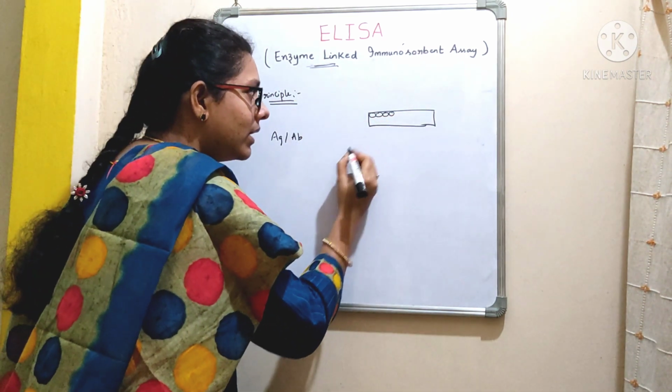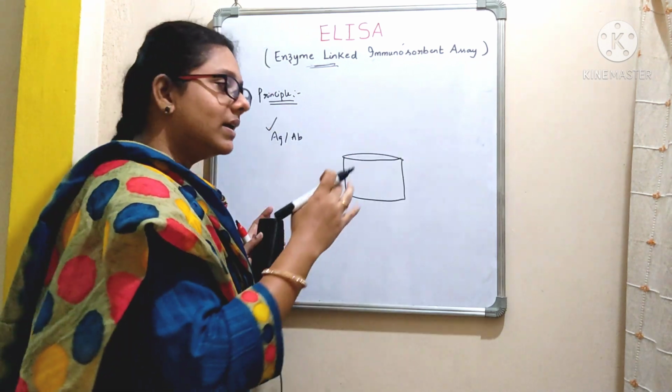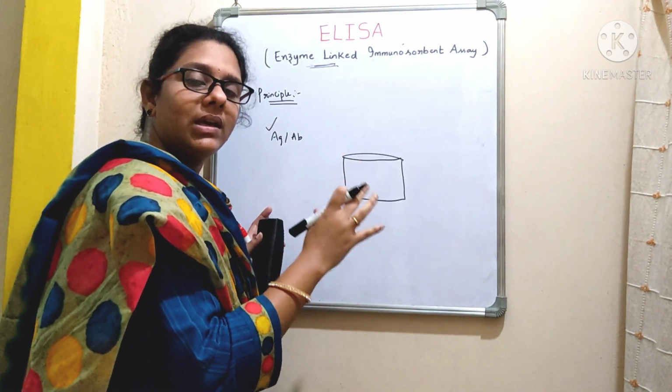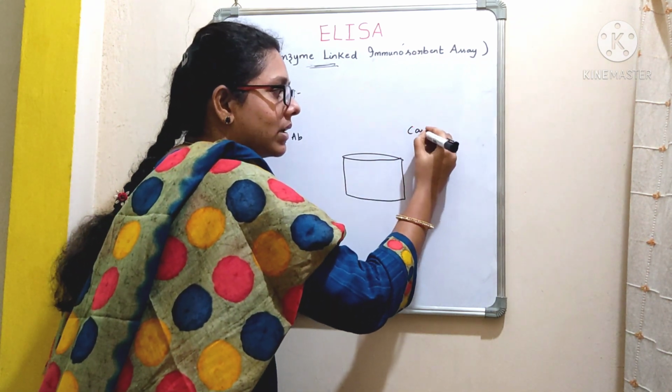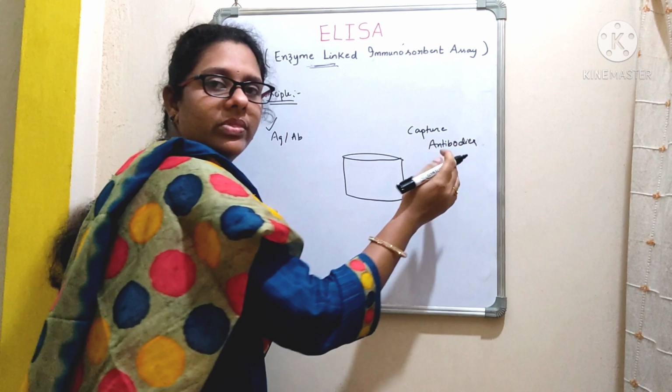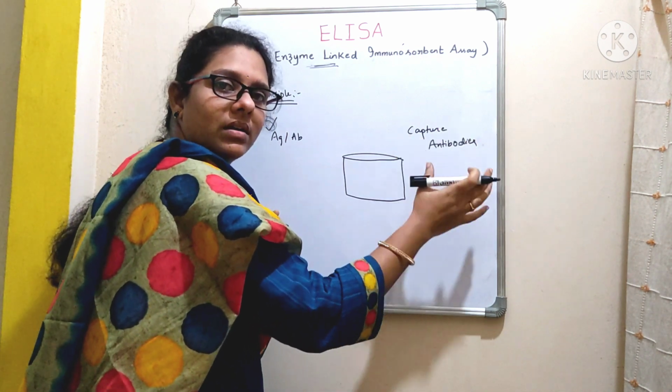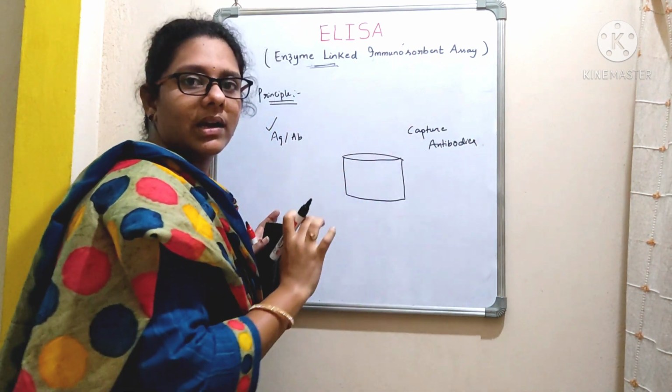If you look into this single well, here the antigen can be immobilized directly, or we can use capture antibodies. These capture antibodies are used to immobilize the target protein.